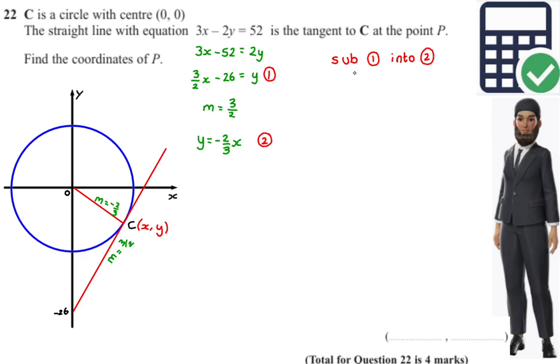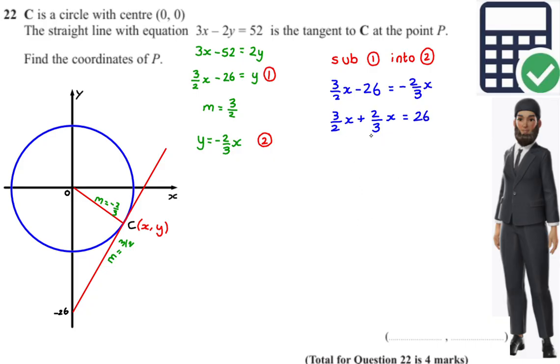That will give us 3 over 2 x minus 26 is equal to minus 2 over 3 x. We're going to bring the like terms together, so you get 3 over 2 x plus 2 over 3 x is equal to 26. So add 26 on both sides as well.